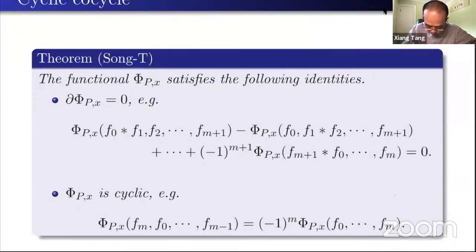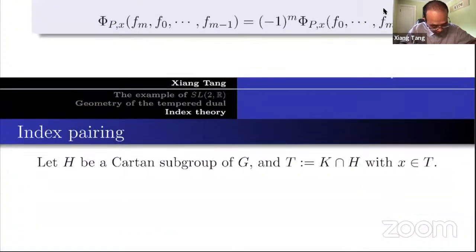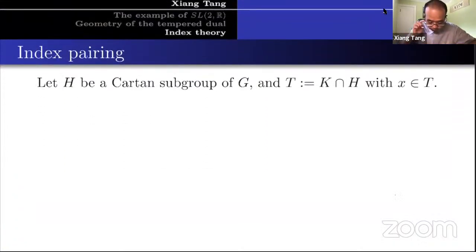Now, to end my talk, let me tell you quickly what we can do with this cocycle. Now H is the Cartan subgroup of G. Now we take the compact part, that's the T part.